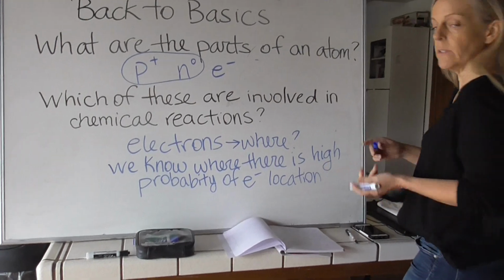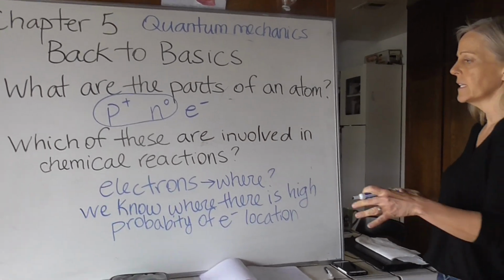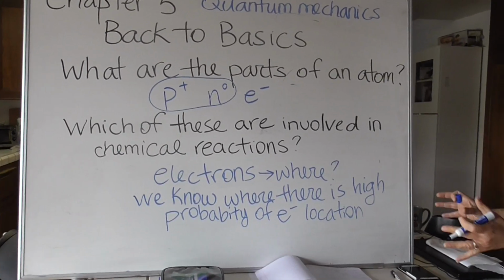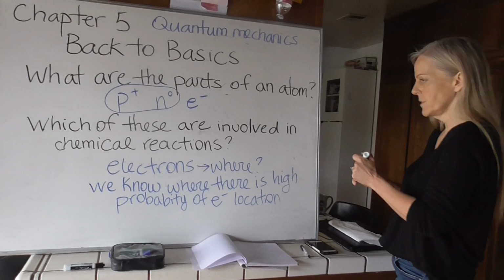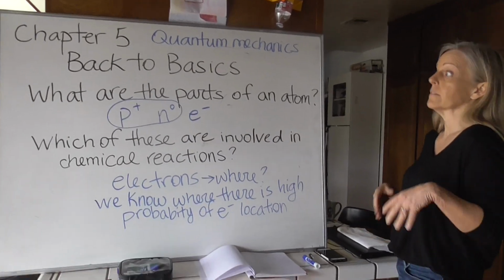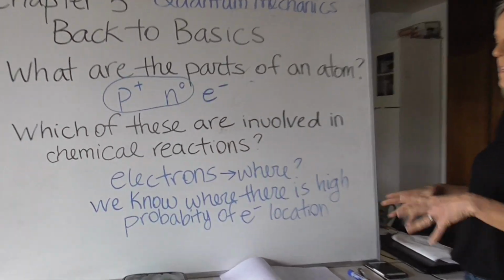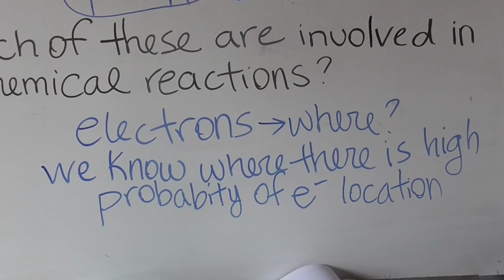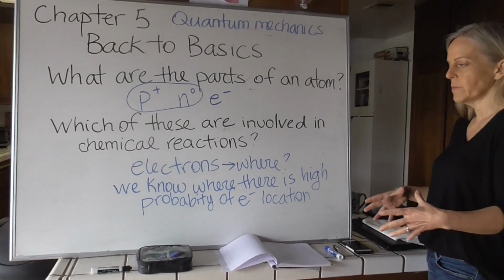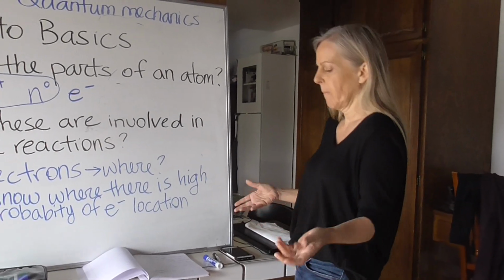So is it closer to the nucleus? Is it farther from the nucleus? How many are kind of close together on the outside, farthest away from the nucleus? So the ultimate goal of everything that I talk about, and is really going to build up to this, is to figure out where these probabilities are, because if we can tell where they probably are, we can kind of tell relative to one another which ones are going to be closer to the nucleus and further away.